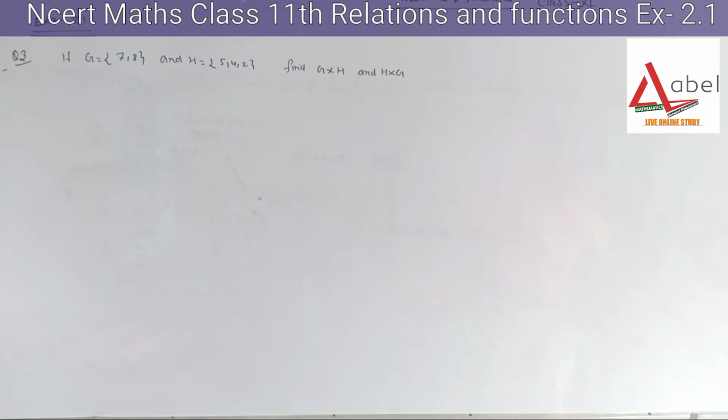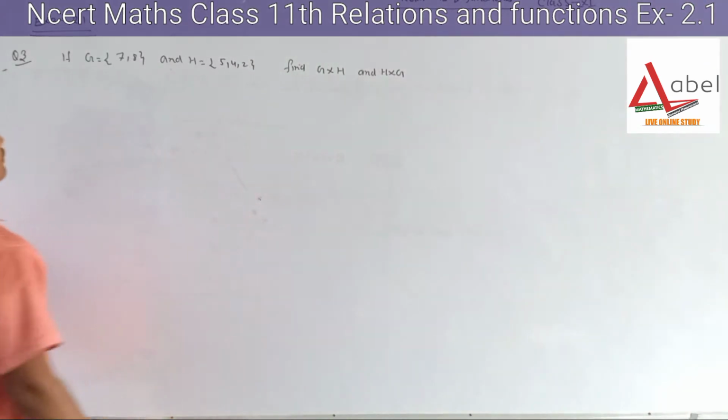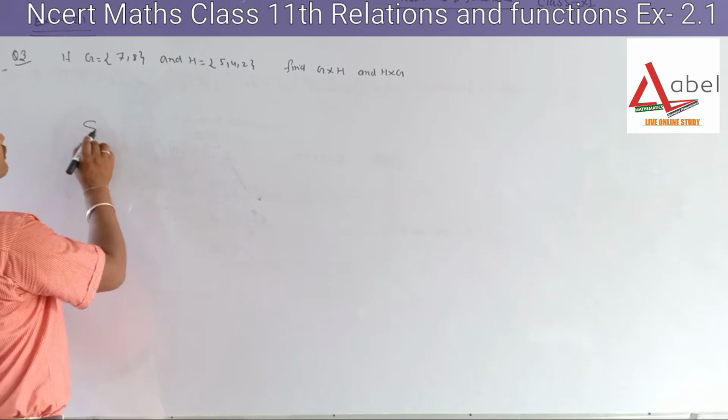I think you know very well because some examples I have already described in previous videos. So it is very easy for you. Firstly, we are going to solve this question.